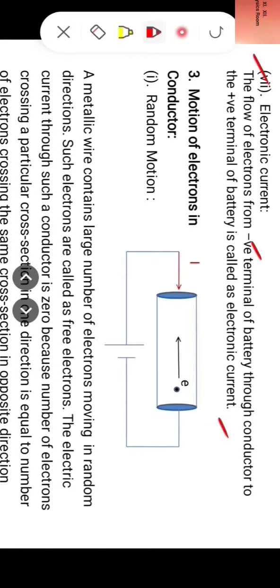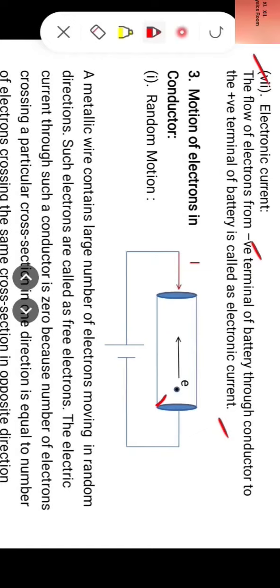Here you see in the diagram, this is an electron, and this electron is accelerated by the electric field due to the battery applied to the conductor, and it experiences a force F is equal to small e into capital E. It is moving from the negative terminal of the battery through the conductor to the positive terminal of the battery, so we call it electronic current. Electrons flow in the opposite direction to the conventional current.